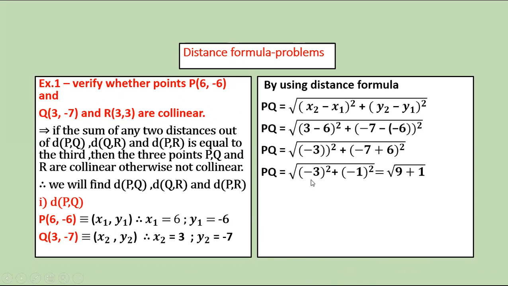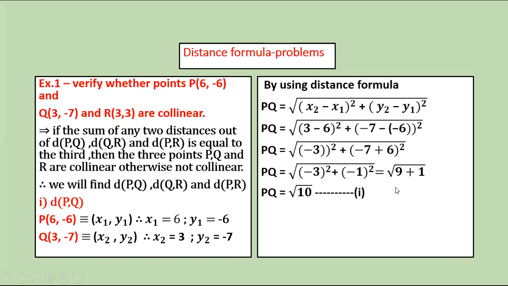Therefore PQ is equal to square root of (-3) squared plus (-1) squared. (-3) squared is 9, (-1) squared is 1. Therefore square root of 9 plus 1, PQ is equal to square root of 10. This is equation number 1.